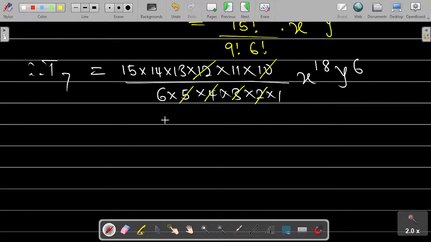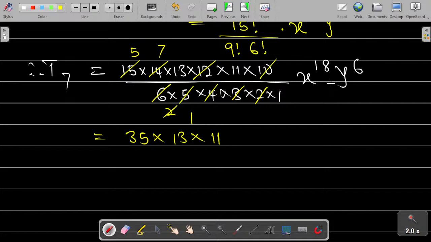Okay, then what about 6? 3 here is 2, and 3 here is 5. And finally, 2 here is 1, and 2 here is 7. So we will have 5 times 7, which is 35, times, maybe I should bring that down, 35 times 13 times 11, and that will now multiply this.